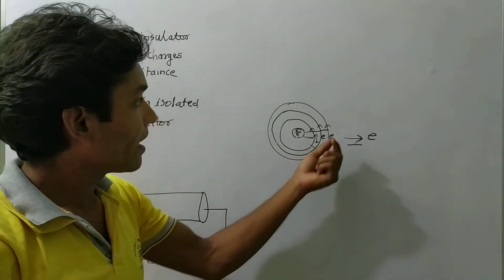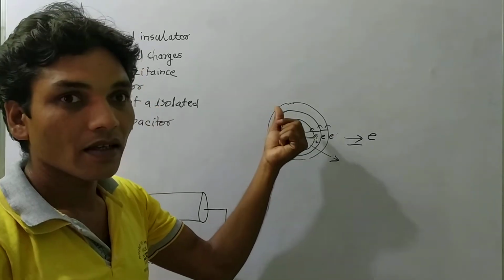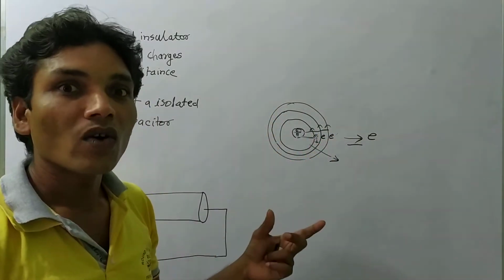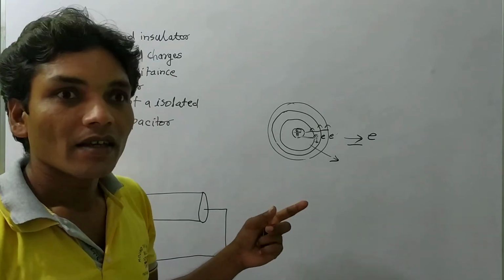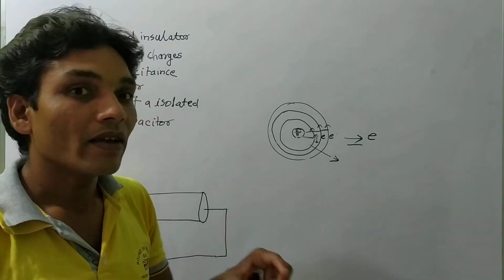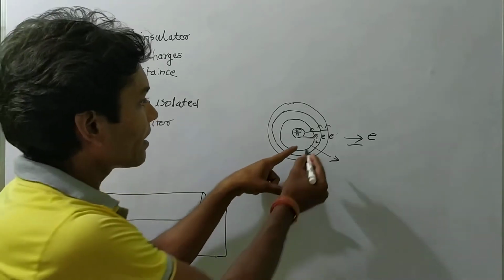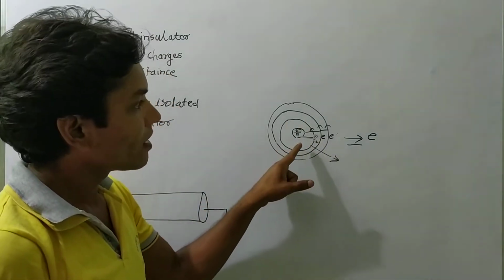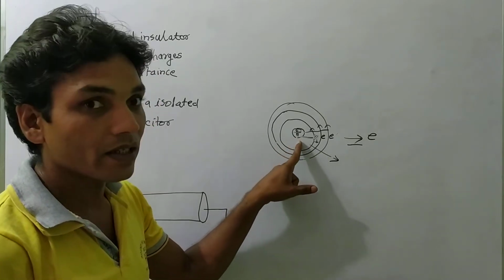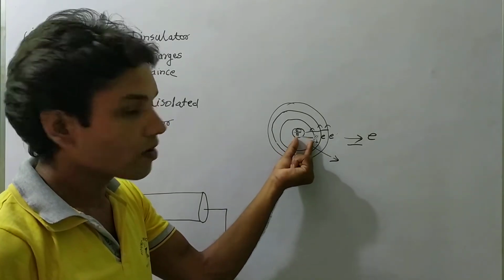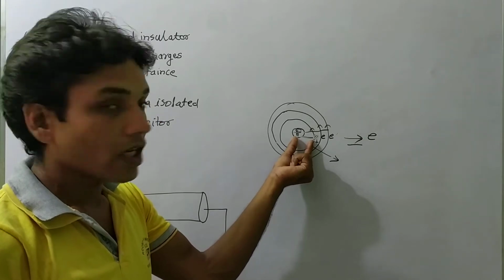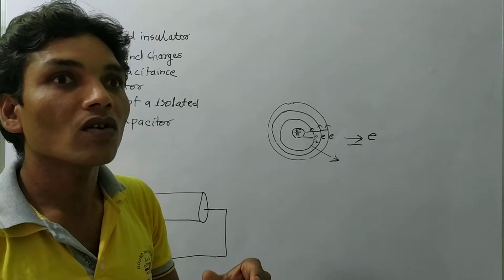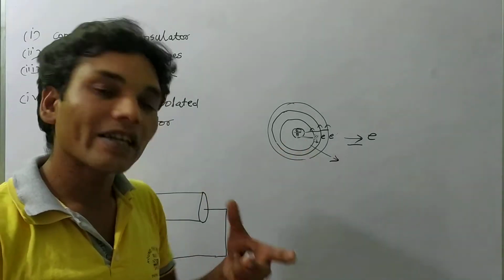So the electron revolving in the outermost orbit is bound by a weak force, while the electron in the nearest orbit is bound by a strong attractive force.